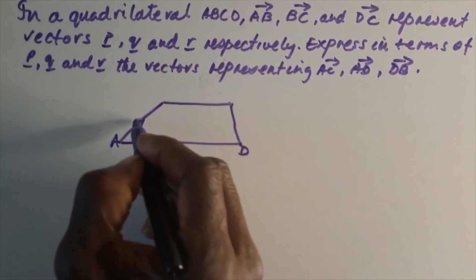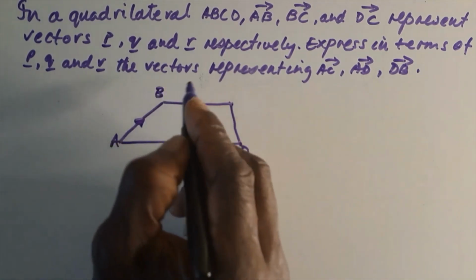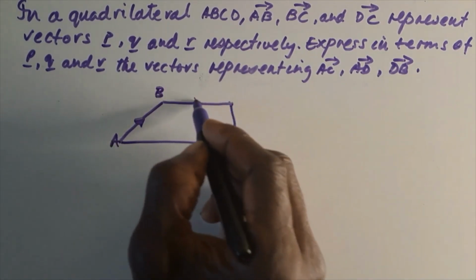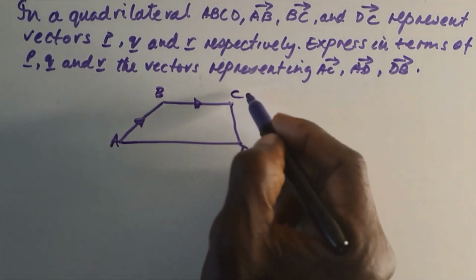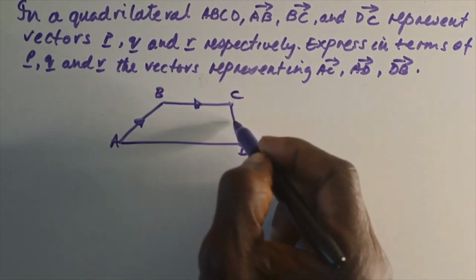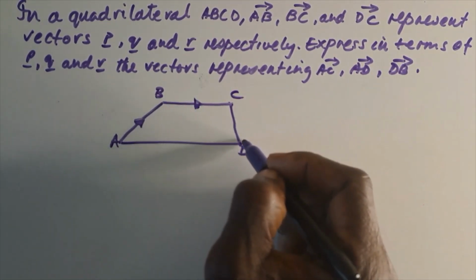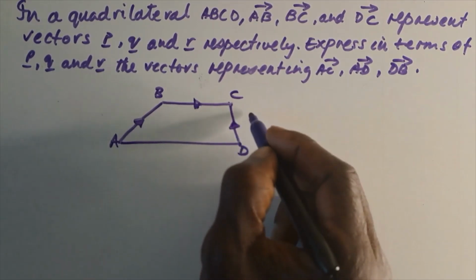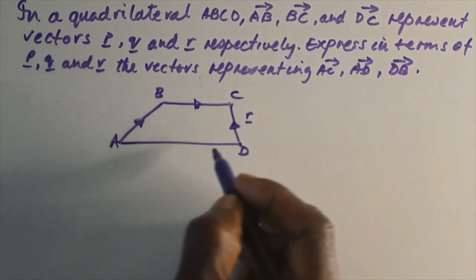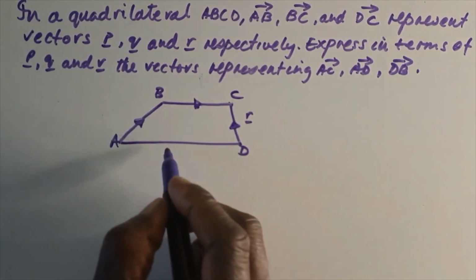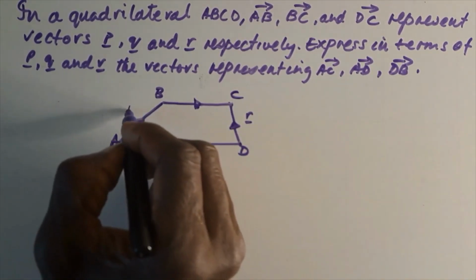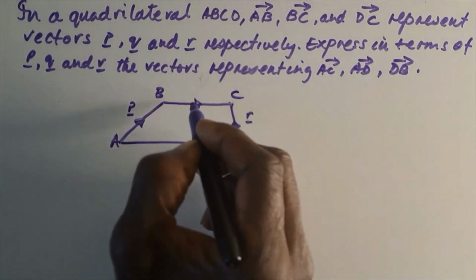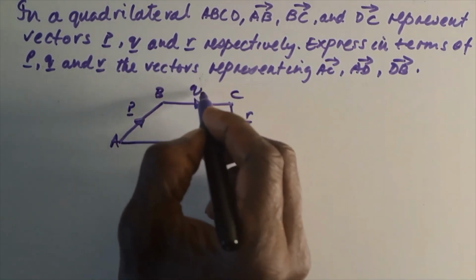So we have AB, we have BC, and DC. So the direction is DC. So this is R, this is P, and this one is Q.